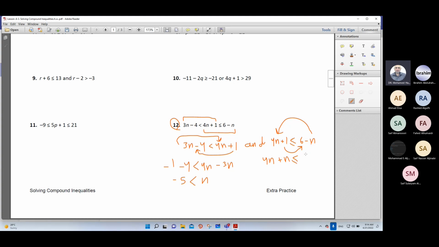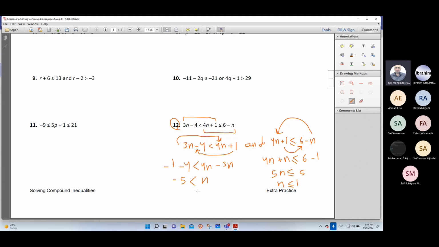Here we have 6, and when we move 1 to the second side it will be minus 1. 4n plus n will be 5n, less than or equal to 6 minus 1, which is 5. Then to keep the variable alone, you can divide the two sides by 5. 5n divided by 5 will be n, less than or equal to 5 divided by 5, which is 1.